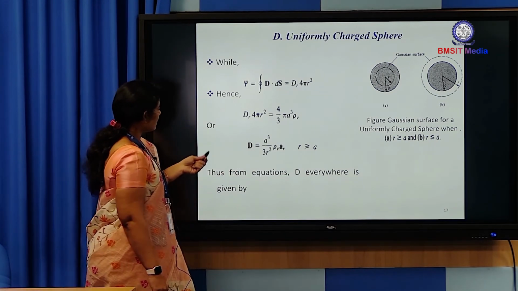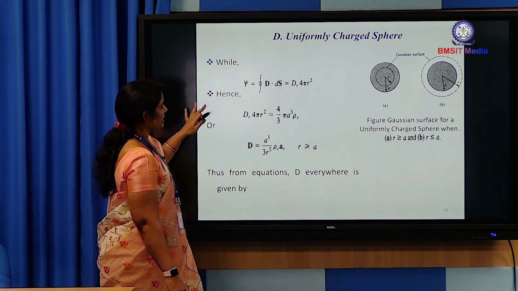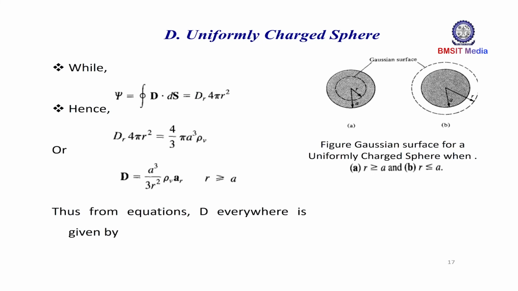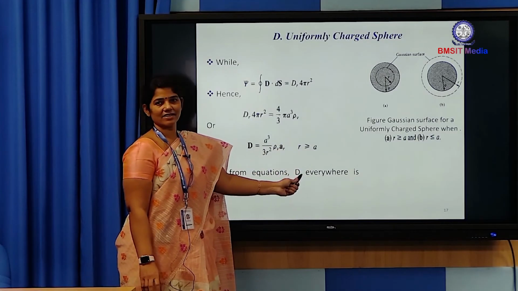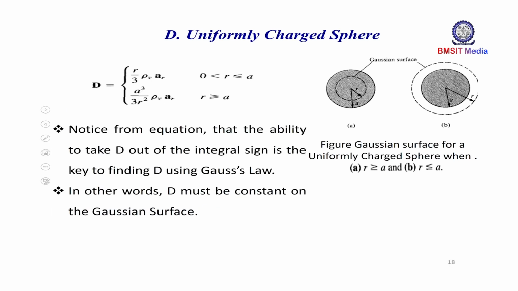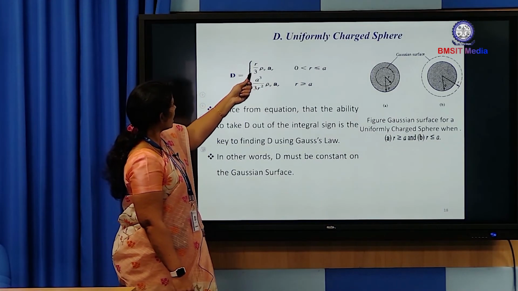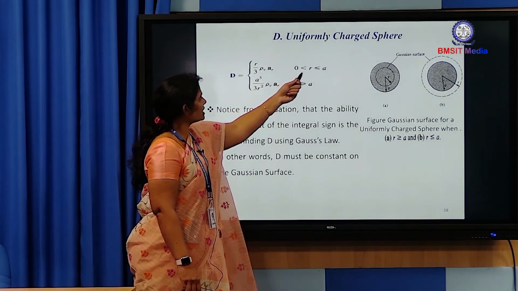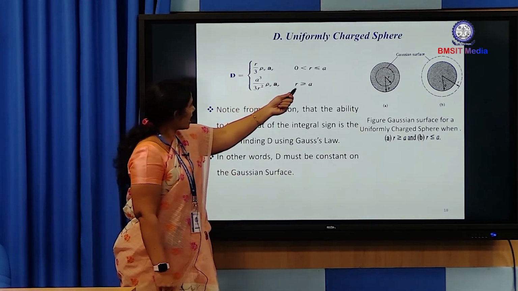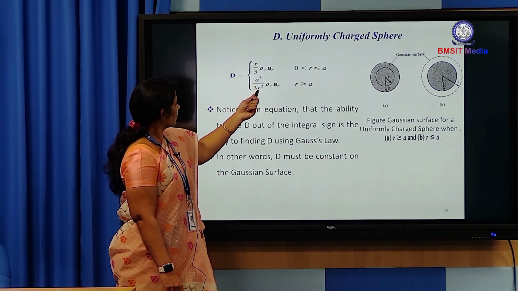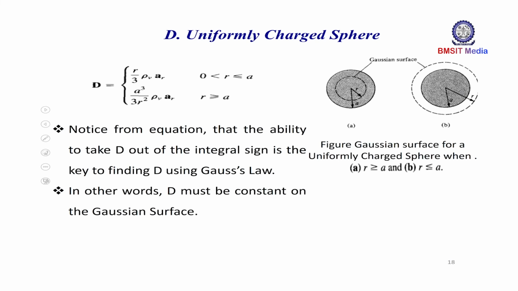From these equations you can observe D, that is electric flux density, everywhere. So, D is equal to r by 3 rho_v a_r, which we obtained when r is between 0 and a, and if r is greater than or equal to a, the electric flux density D is equal to a cube divided by 3 r square rho_v a_r.